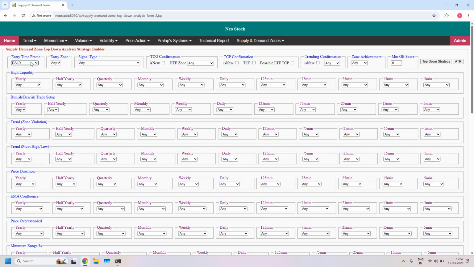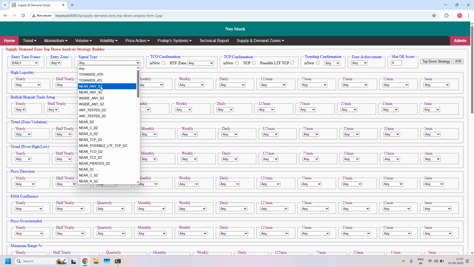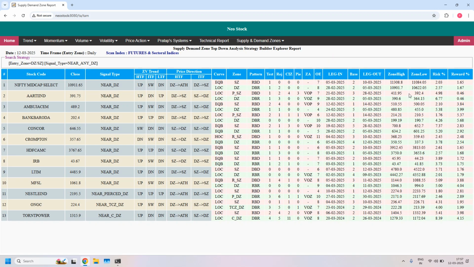Entry time frame daily. Let us find the stocks near daily demand zone. We got 13 stocks. Out of these 13, how many high liquidity daily demand zones are available? Let us verify.